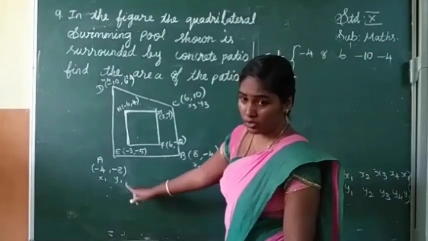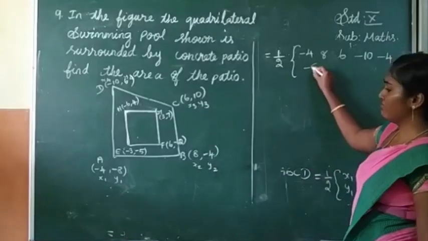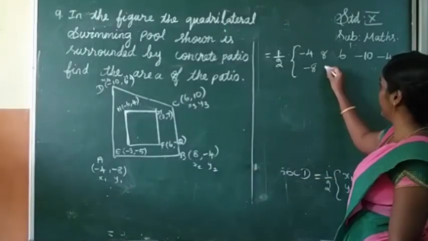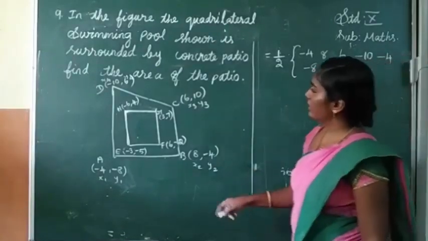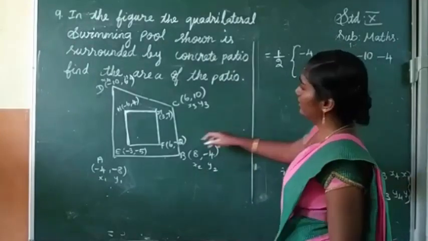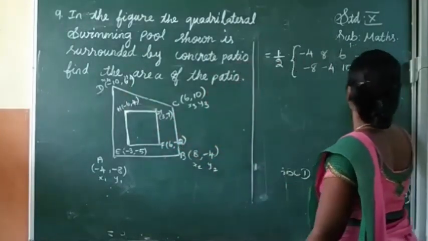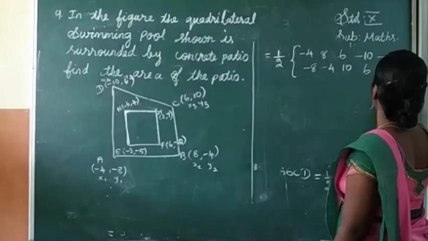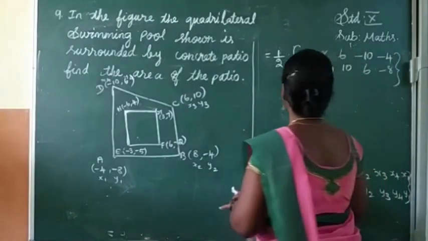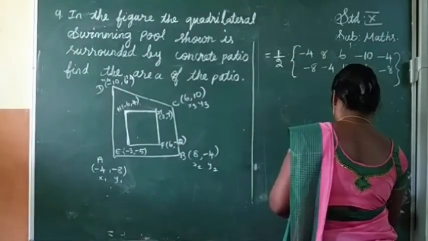Then substitute the y1 value. Y1 value is -8, then Y2 value is -4, then Y3 value is 10, then Y4 value is 6, again Y1 value is -8. Now just cross multiply it.